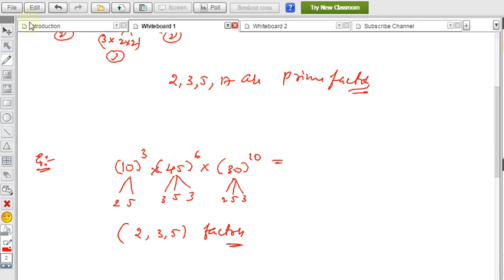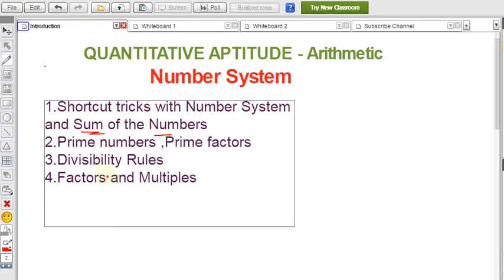Now we'll see divisibility rules. These divisibility rules are very important in this number system. I'll explain all the divisibility rules in an easy manner.